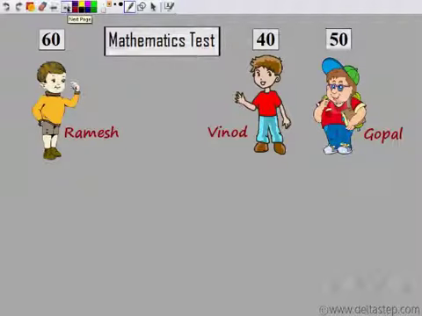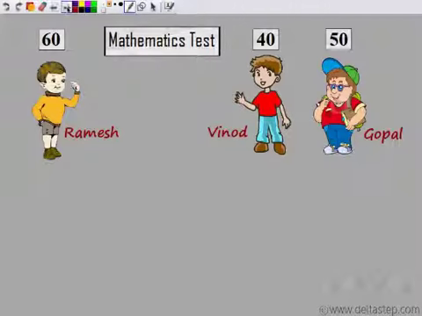Now let's look at this. We have Ramesh, Vinod, and a friend, Gopal, who has joined them. The 3 of them were discussing the mathematics test. Ramesh got 60, Vinod got 40, whereas Gopal got 50. Now I can use ratio to compare the marks of any 2 of these students.